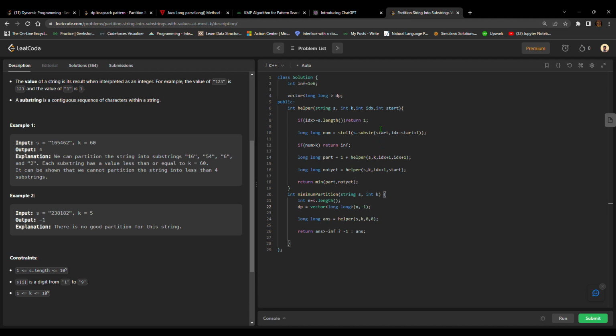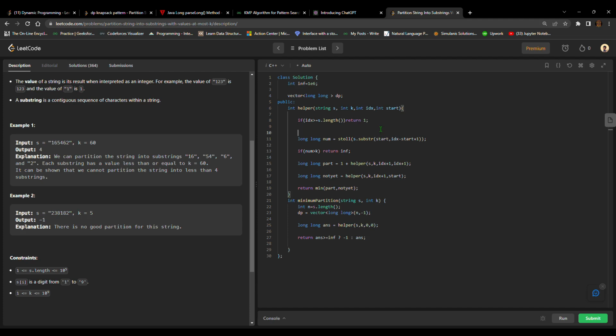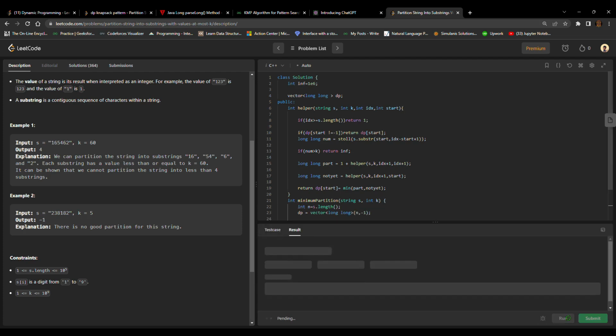I would just be asking here, if DP at start is not equal to -1, then just return DP at start, that is okay, and then just return DP at start is equal to minimum of this number, and we're good to go.